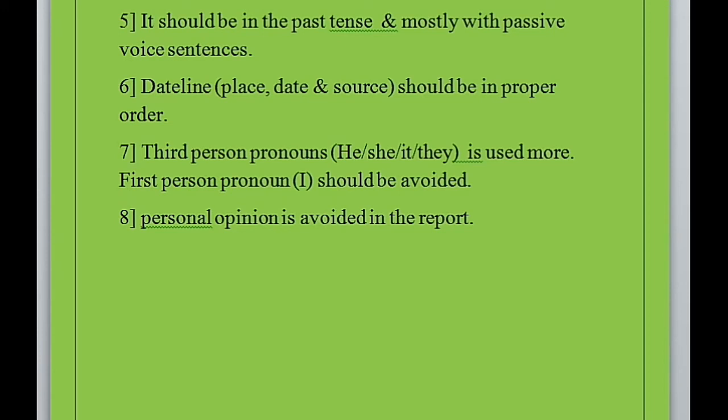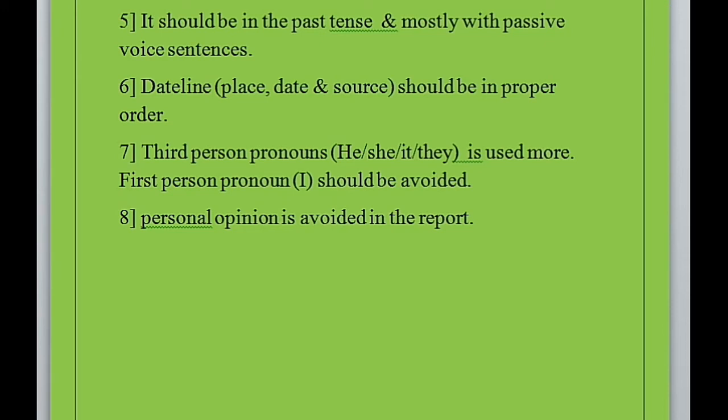Sixth point, date line. Place: the place from which you are reporting. Suppose you are staying in Dadar in Mumbai, you can write Dadar, or you can write Mumbai also. Then the date on which you are writing the report. The remaining part, when the incident happened, will come in the body of the report.